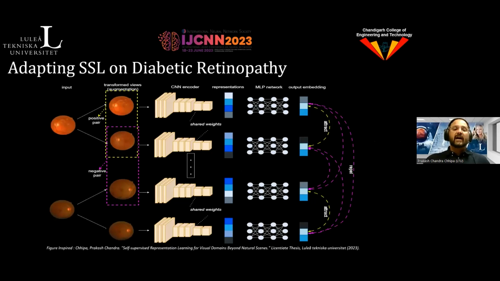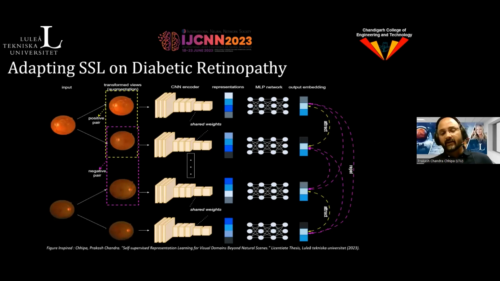So this is the whole idea of how to adopt self-supervised representation learning, specifically contrastive learning, for diabetic retinopathy images. We could understand here that for the multiple inputs, it creates augmented views using geometric and color transformations, as done in the original contrastive learning method, and it learns the similarity for positive pairs and tries to learn the dissimilarity across negative pairs.